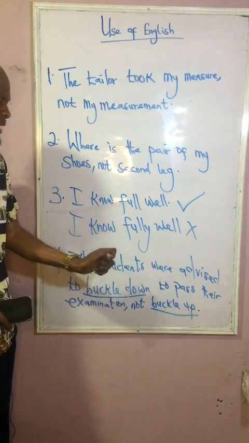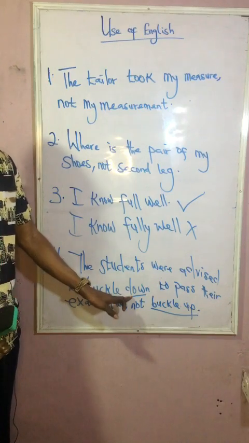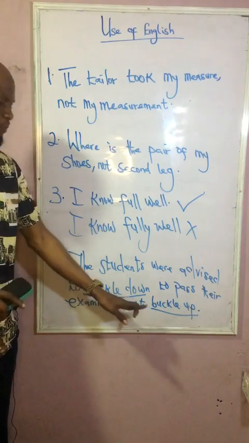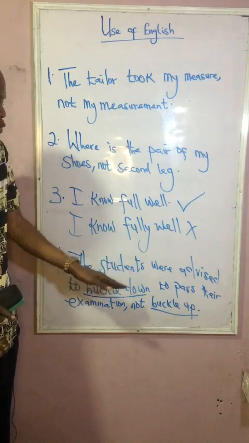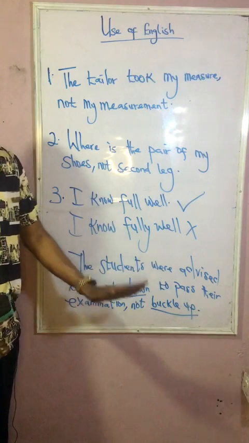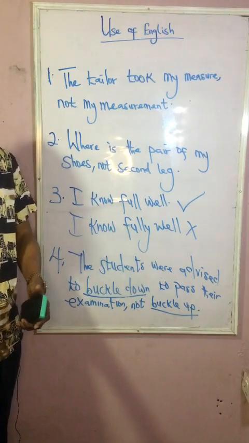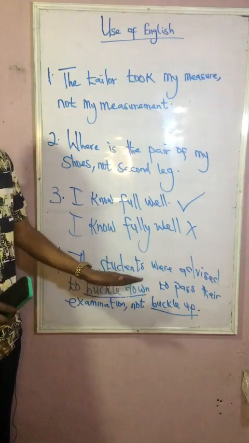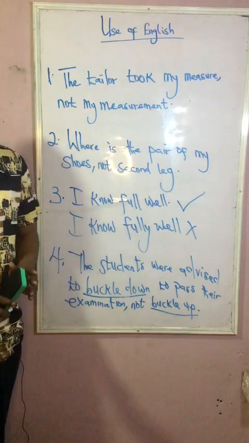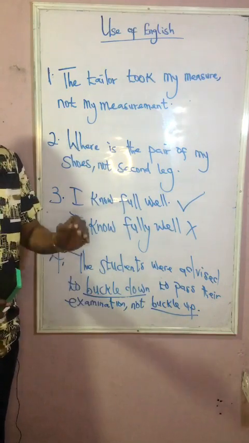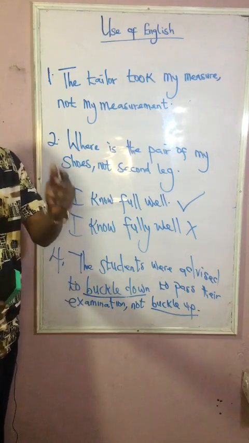Always endeavor to use buckle down and not buckle up. The students were advised to buckle down to pass the exam. That is, they should toil and moil, they should strive, they should struggle if truly they want to excel in the exam, not buckle up.